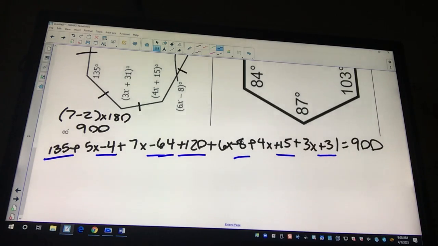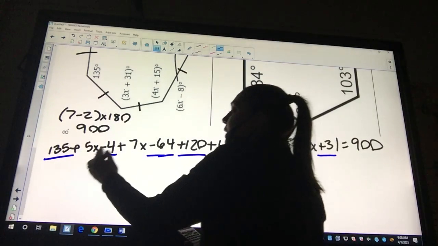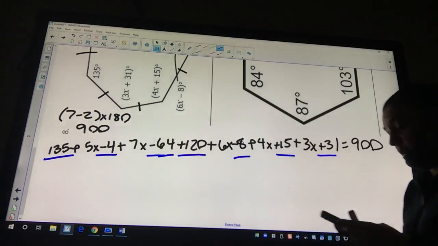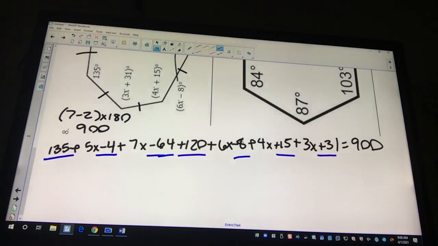I know what you're saying because there's subtraction. You just say plus, so you'd say 135, or you could say minus 4, or you could say plus negative 4. It's the same thing. Oh, my bad. I got 225. That's what I got too. I got 225.